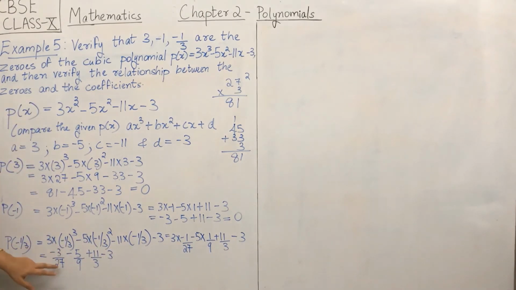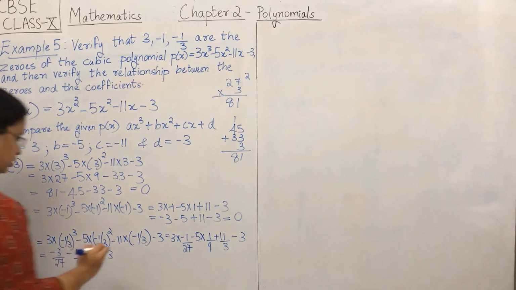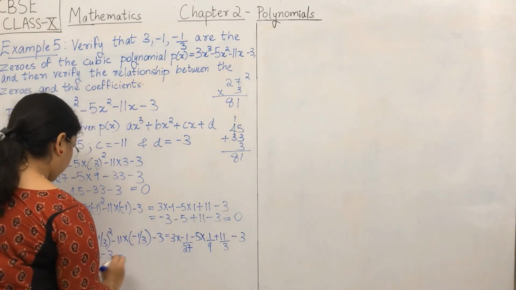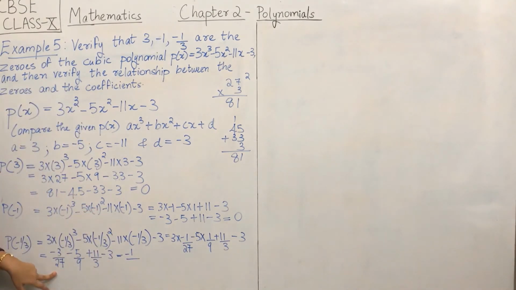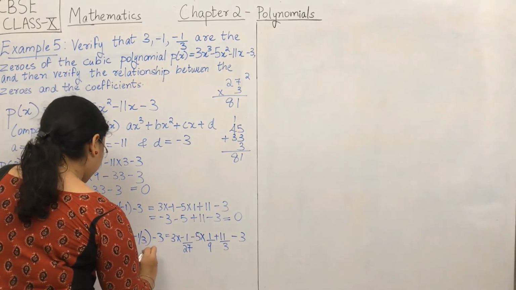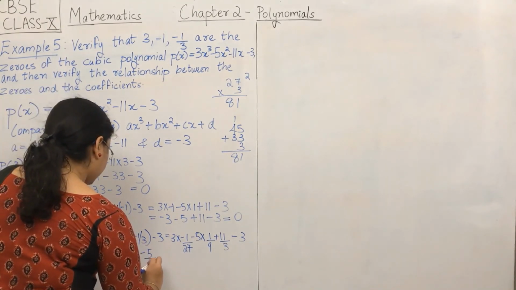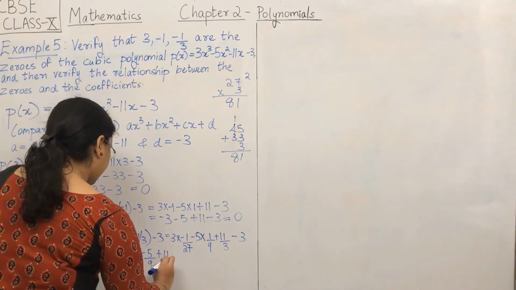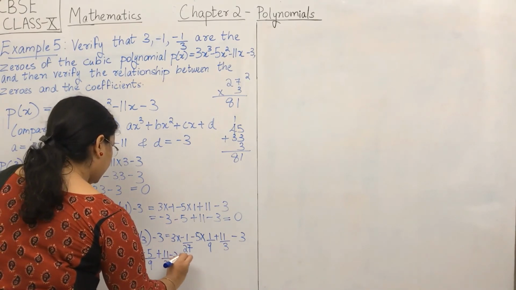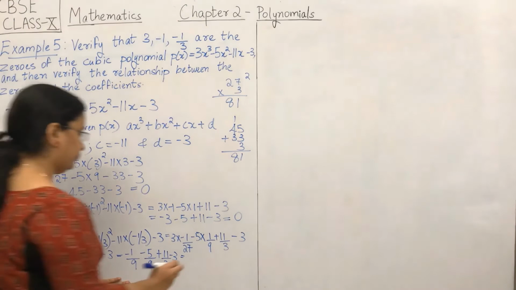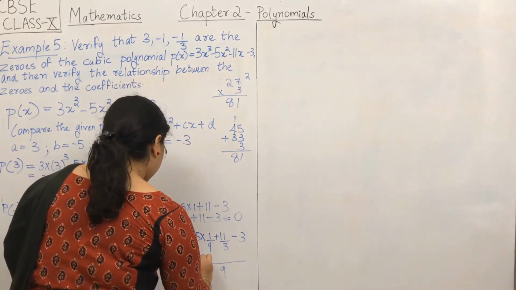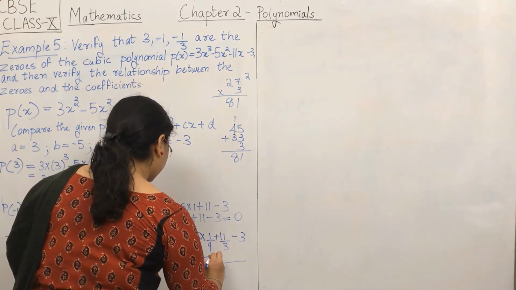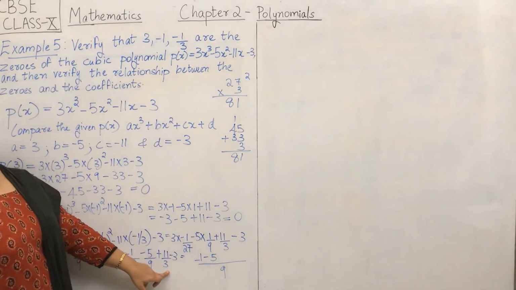Here minus 3 and 27 cancel out. So it can be written as minus 1 by 3 into 9, 27, right? So 1 by 9 minus 5 by 9 plus 11 by 3 minus 3. Taking LCM as 9: minus 1 minus 5, here 3 into 3, 9.